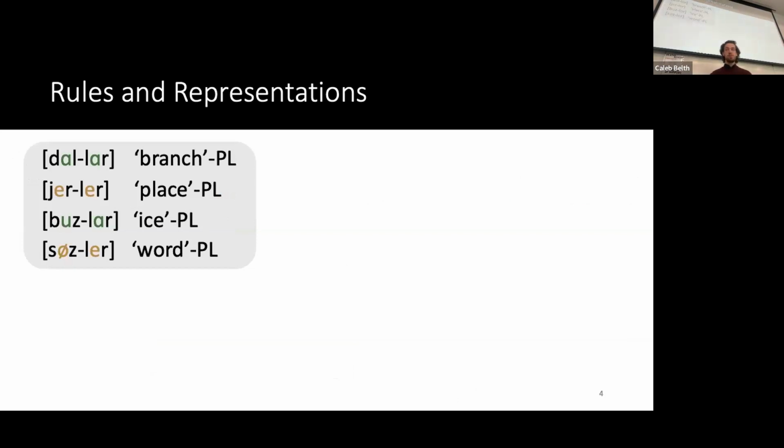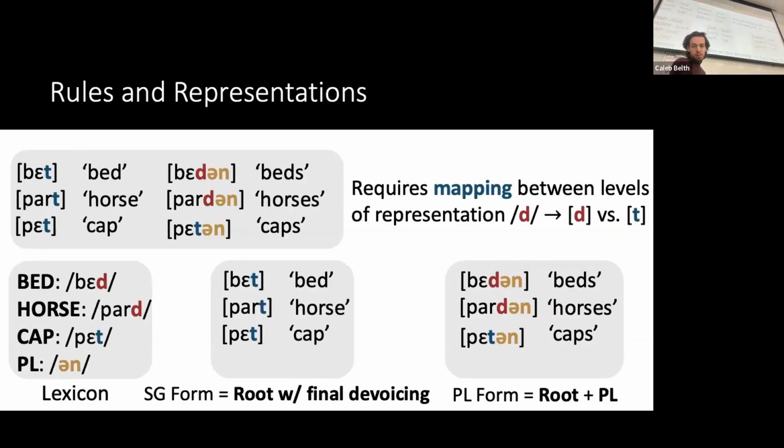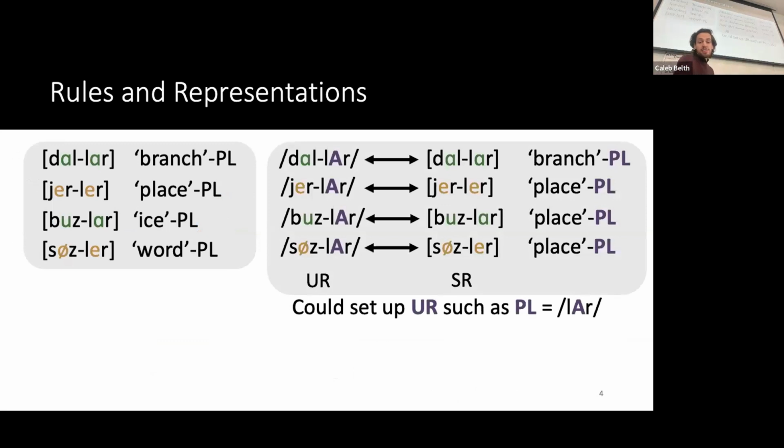Another case, here's some 4 nouns from Turkish, and I'm giving just the plural forms, but I'm giving you them morphologically segmented. And this one's probably even easier. Sorry, I meant to go forward, I went backward instead.